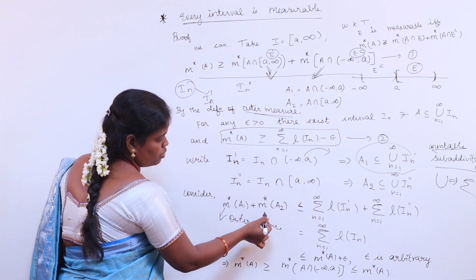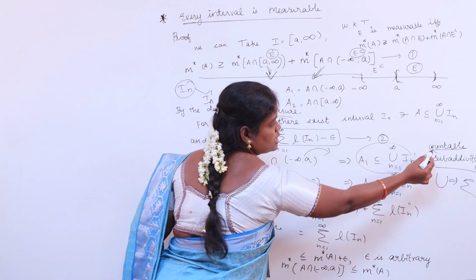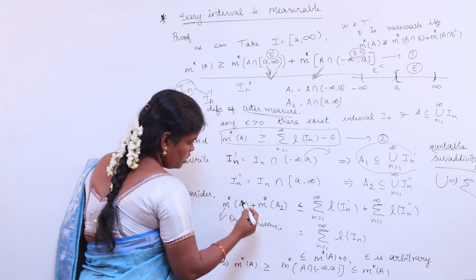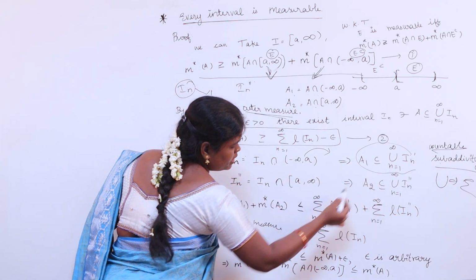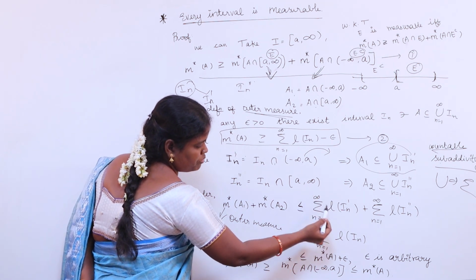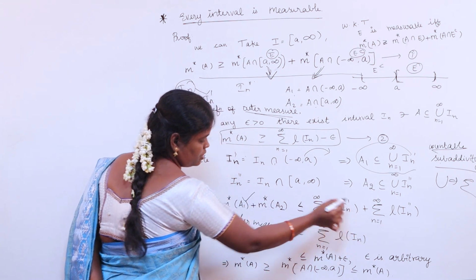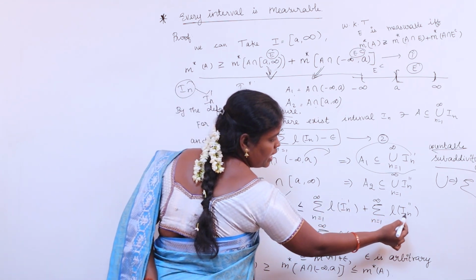Using countable subadditivity, this is less than or equal to the sum n equal to 1 to infinity of length of In dash, since A1 is contained in In dash, and similarly for In double dash.